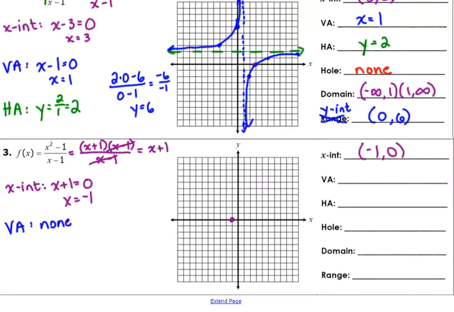So this one does not have a vertical asymptote. Horizontal asymptote, compare the degree of the numerator to the degree of the denominator. I always go back to the original for this one, okay? So the degree of the numerator is 2. Degree of the denominator is 1. Bigger on top, so it is none.